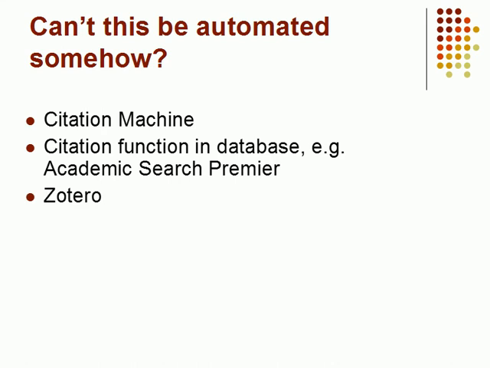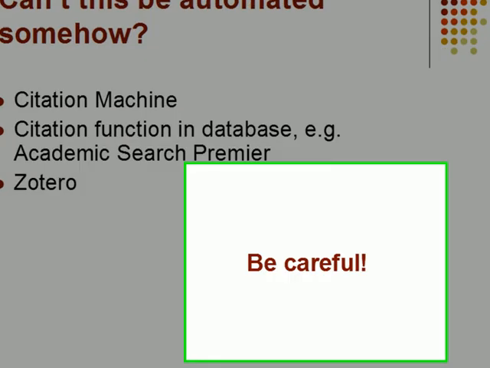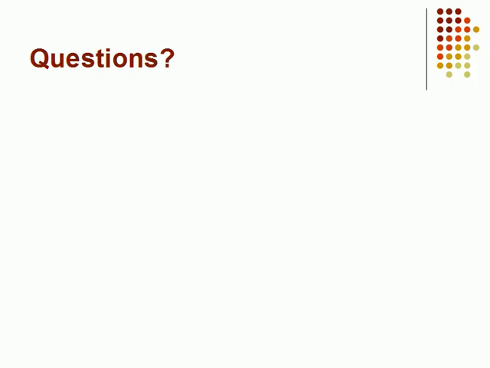And Zotero is a free extension for the Firefox web browser that can be used to manage citations. Be careful, though. You're the one responsible for formatting your bibliography properly. If you aren't familiar with the rules for the citation style, you may not notice if the tool you're using makes a mistake.